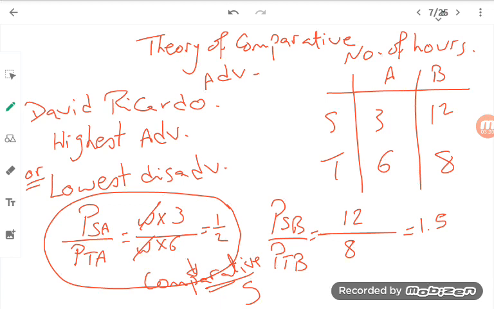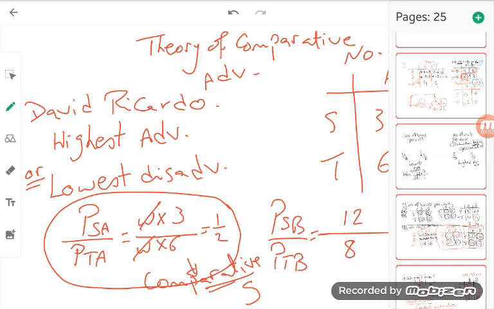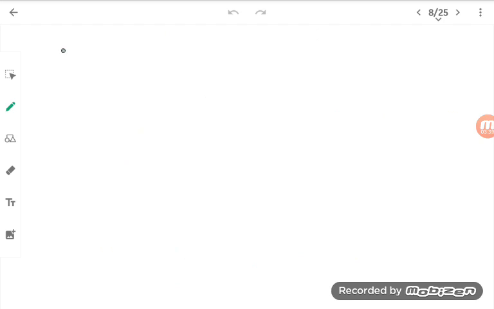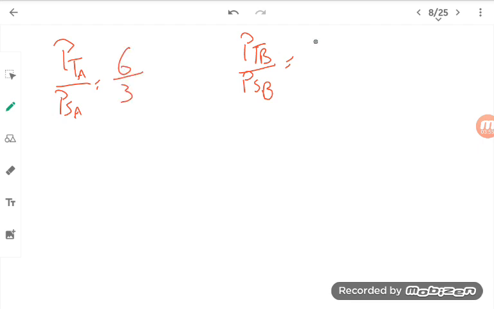Then we have to calculate the relative price with respect to textile. With respect to textile, it's going to be 6 over 3 and 8 over 12.